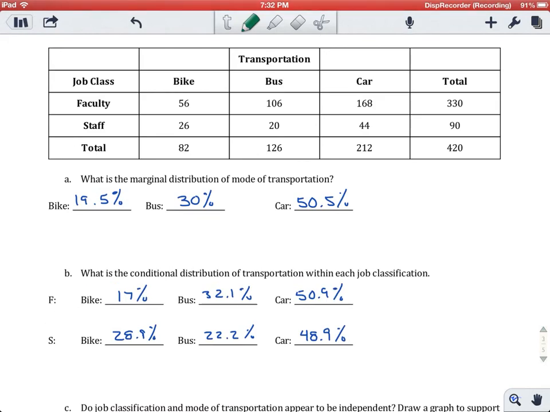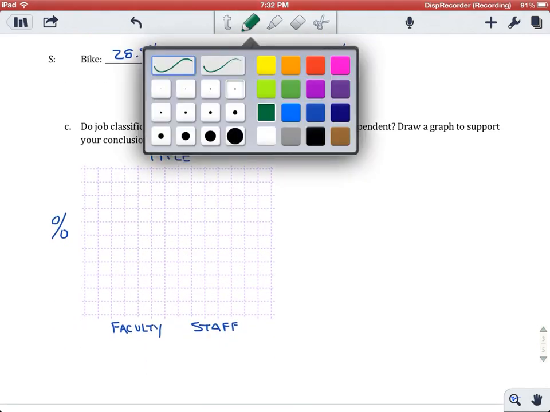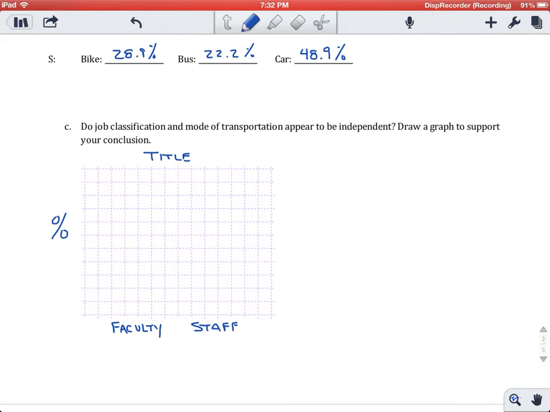Most people had a lot of success on part A and B of number 11. Fairly straightforward. Part C, the things I was looking for was a title and labels for your graphs and a label for your y-axis that they were measured in percentages.